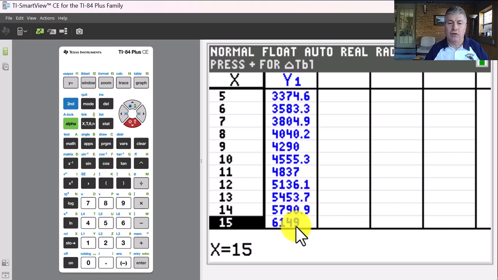And for 15 years, $6,149. We can also see from our table of values that we're going to reach $5,000 somewhere between 11 and 12 years. It looks like about 11 and a half years. So we've really answered a lot of our questions, and now we'll fill in these answers in our table on our notes page.